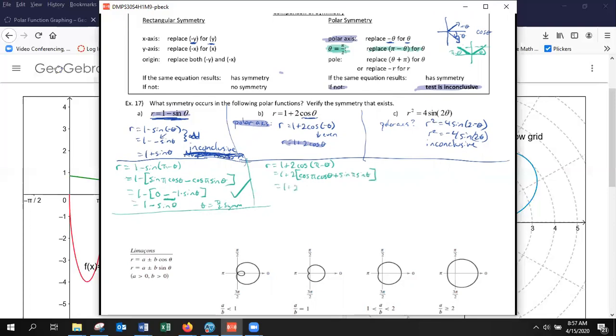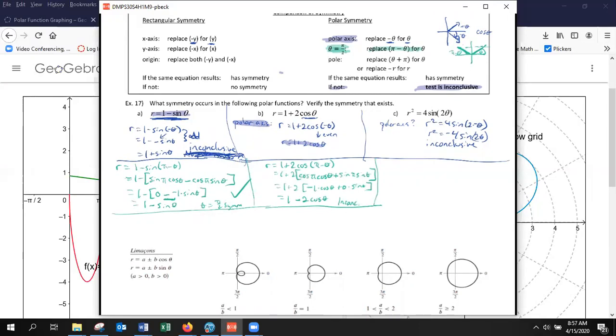That's 1 plus 2 times -1 times cosine theta, plus 0 times sine theta. So this gives us 1 minus 2 cosine theta. It's a different equation, therefore this is an inconclusive test.